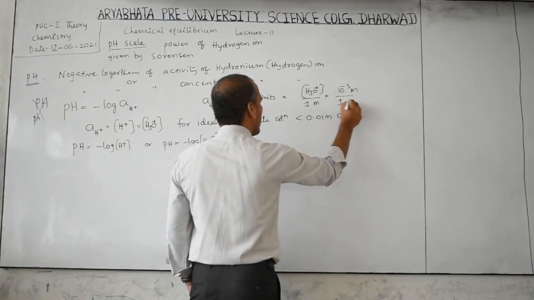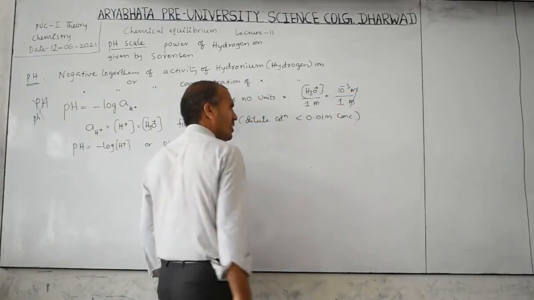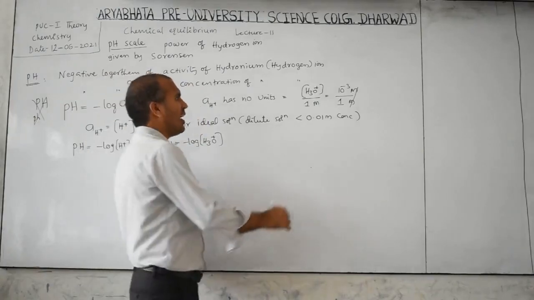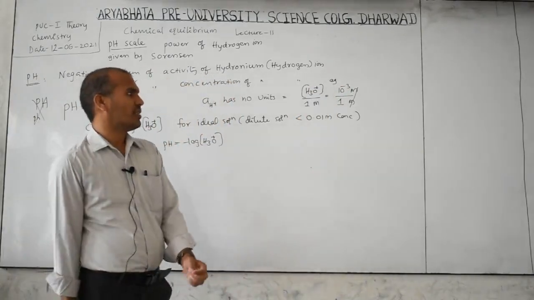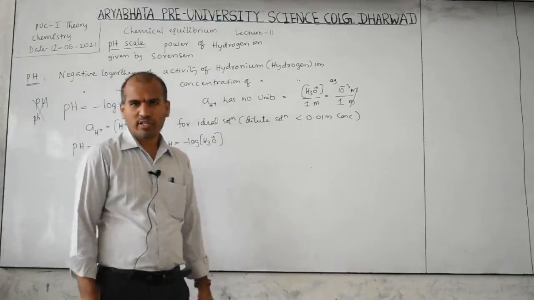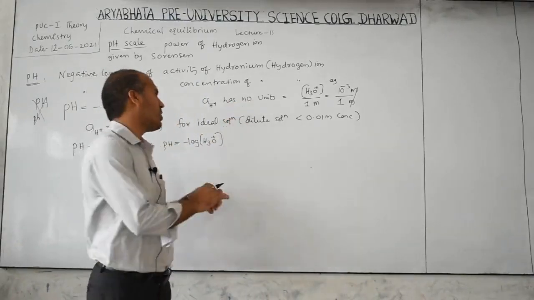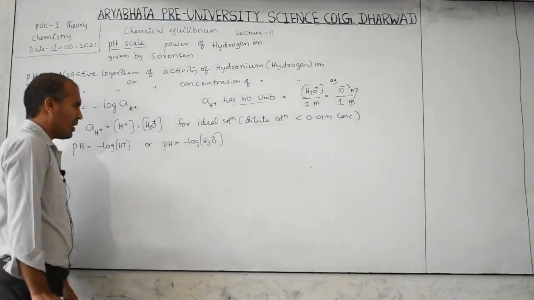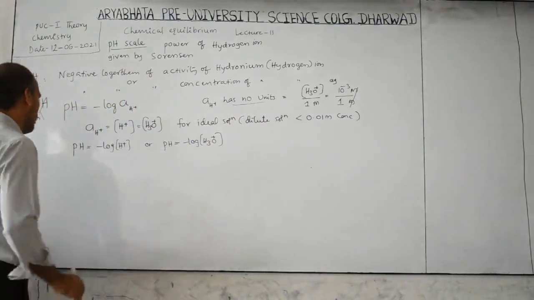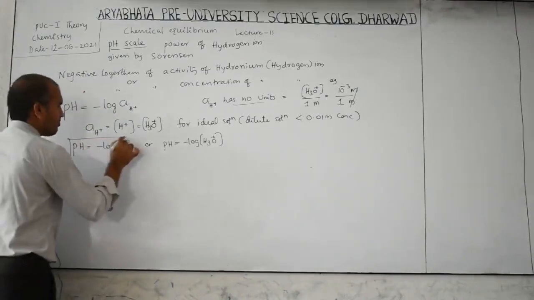This is just an example, so don't always consider 10 power minus 3. So the activity of H plus ion has no unit. Underline this, it is important for competitive exams. Now we know the pH formula.